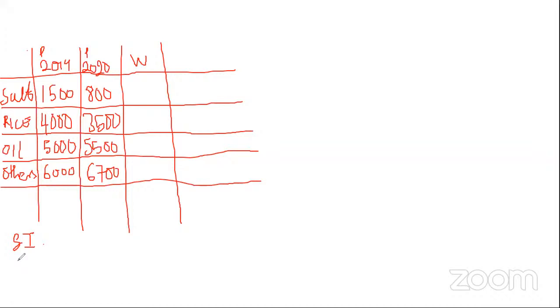Okay? So we shall say for salt, it is equal to price in 2020, which is 800. We divide this by 1,500 and we multiply this by 100. So these two zeros will go with these ones.